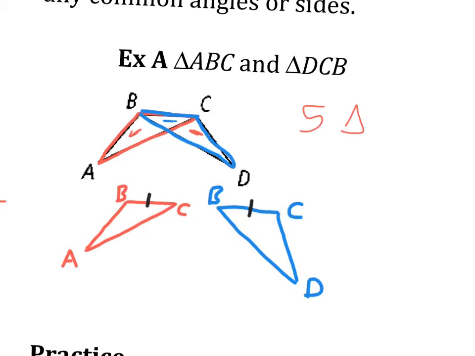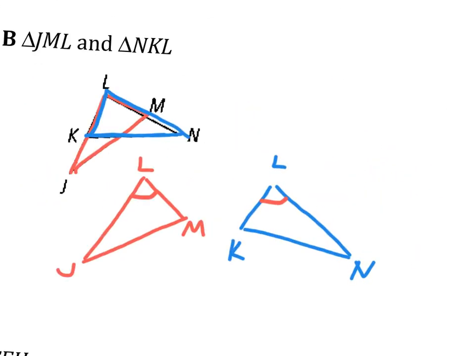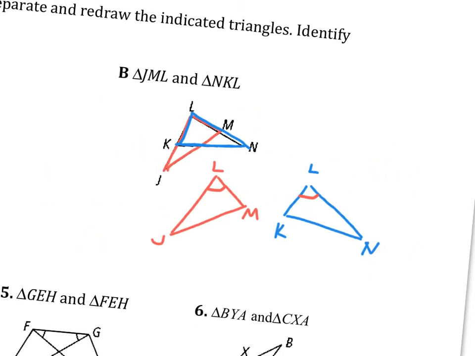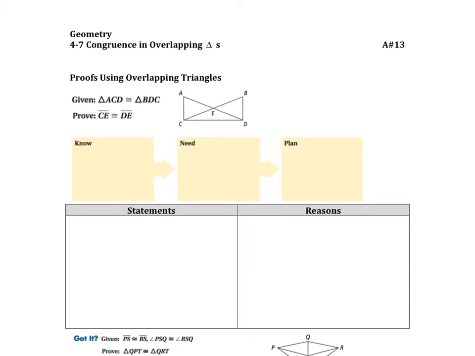So it's true they share the letter, but that doesn't mean they necessarily share that angle. That's why we have to pay attention. Oh, BC, BC. Okay, they share that side. But over here, they share one angle. Therefore, those are congruent.